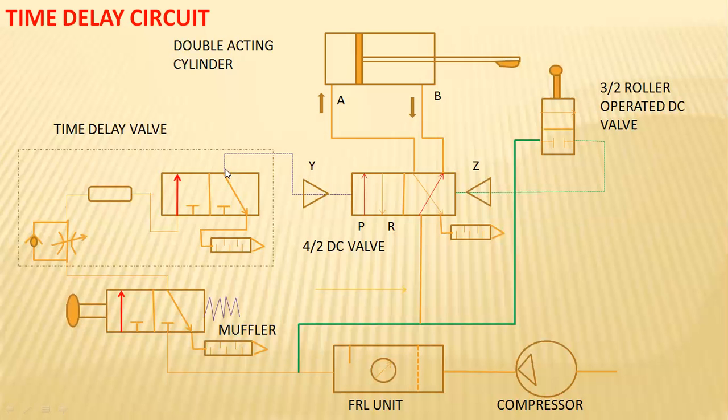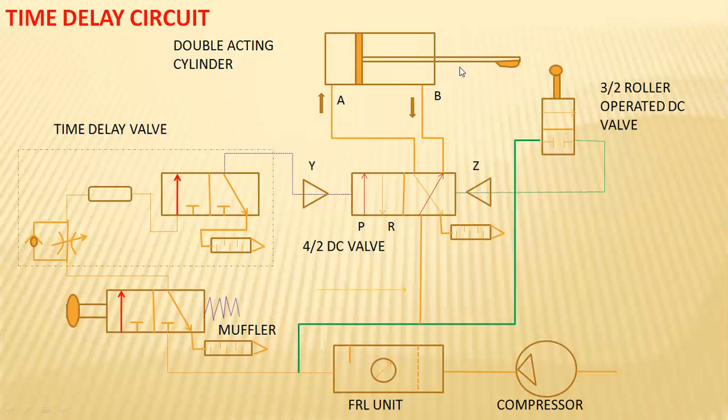When the set pressure has been reached, the first position will come into force. Then pressurized air is set towards the A side, and the B side is released towards the atmosphere, and extension takes place.